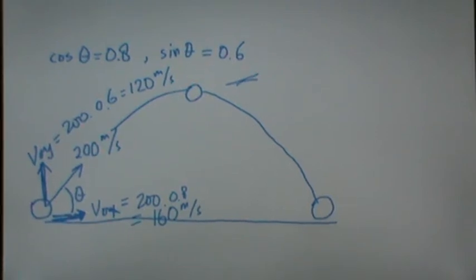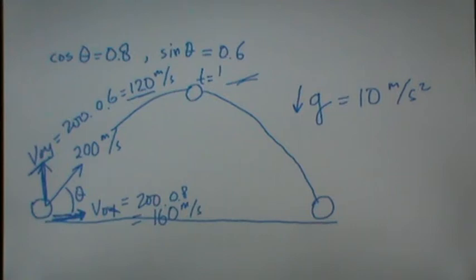Alright, if the ball moves initially with initial velocity in y direction 120 meter per second, and the ball gets the gravity pull here, g, let's say 10 meter per second square, then it will be at the highest point after 120 divided by 10, that's the gravity, so you get 12 seconds.